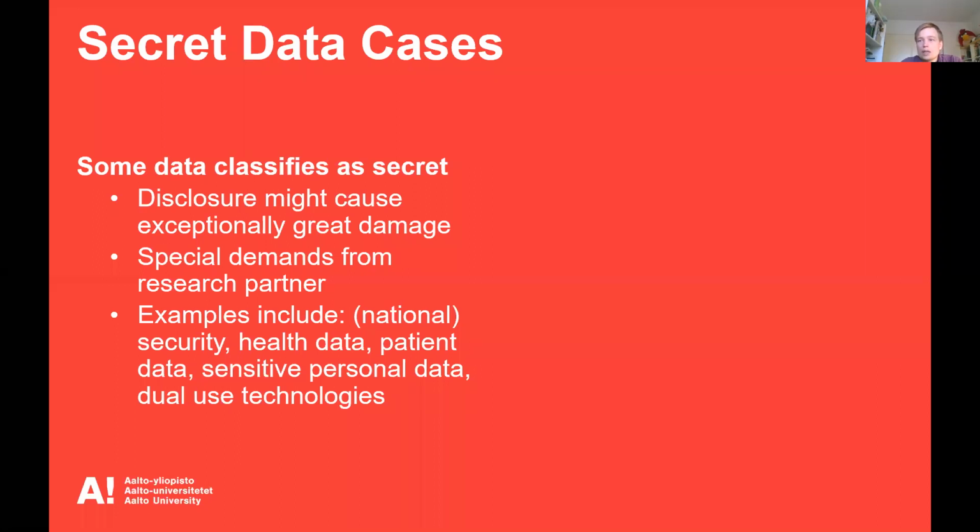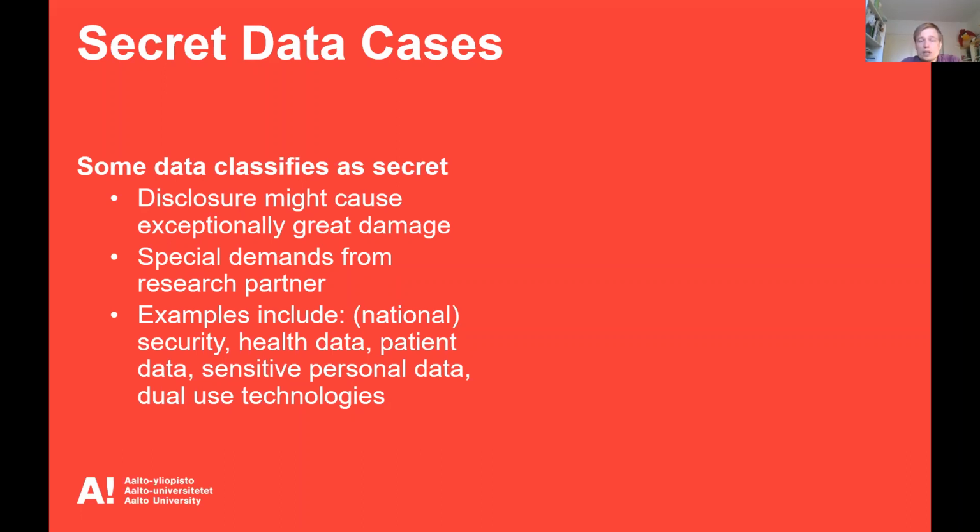So these three were examples of how, in different settings, whether you have a one-time transfer or a longer collaboration project, you could use some of our services to work with confidential data. But if we go to stricter options, we have data that classifies as secret, where disclosure might cause great damage, or a research partner has a special demand for a very high level of security.